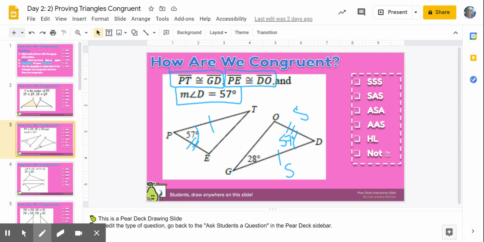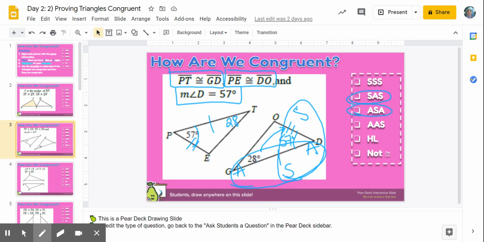Now, some of you correctly thought that if the 28 is opposite the 2 tick mark, then this is also a 28, right? So I've got an angle here and I've got an angle here. So this could be angle, side, angle, or it could be side, angle, side. Either one of those.